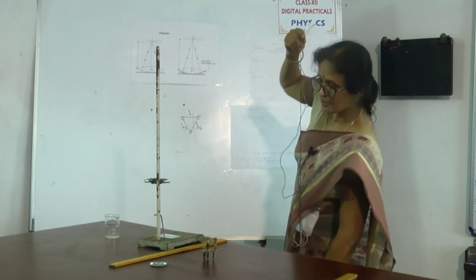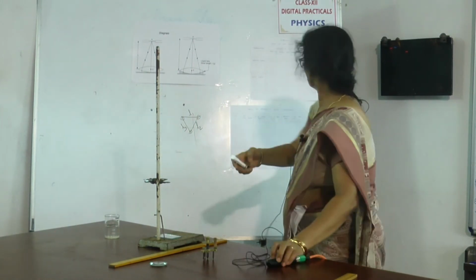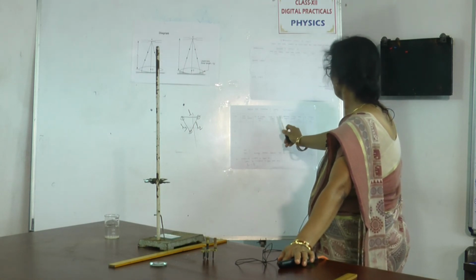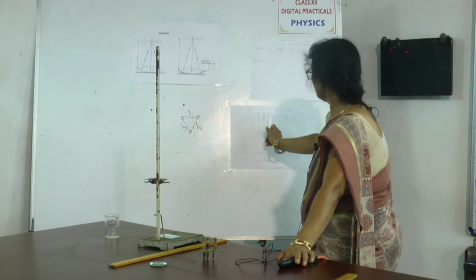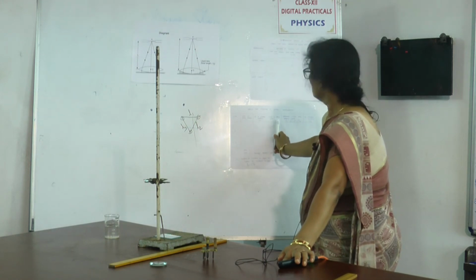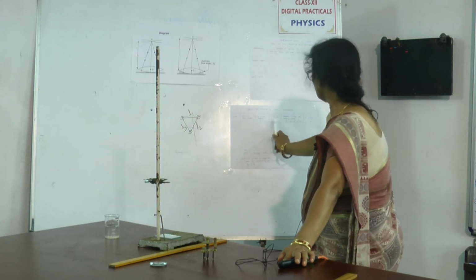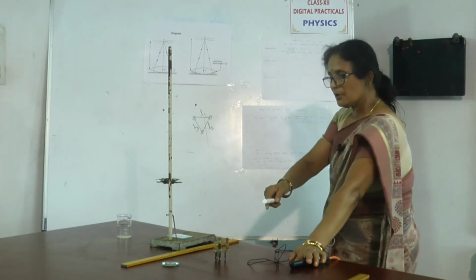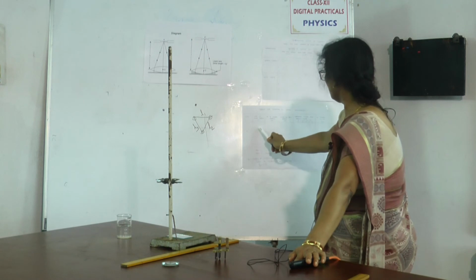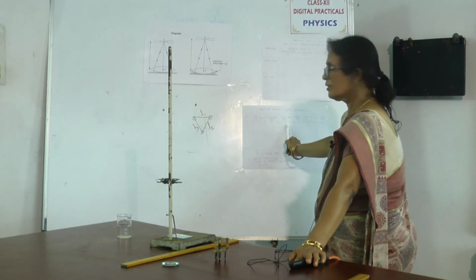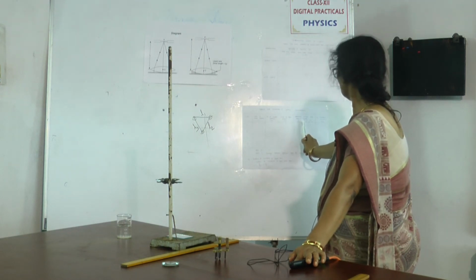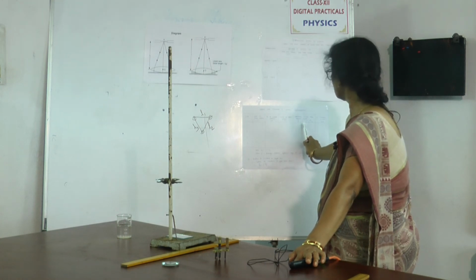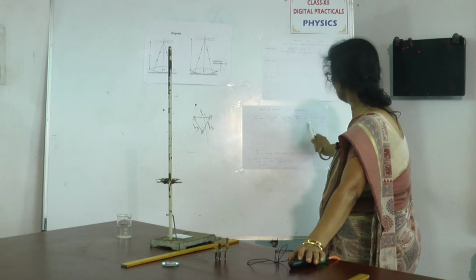To find those extra divisions, use the formula: I minus F if I is greater than F, or 100 plus I minus F if I is less than F. In our case, I is less than F. So the extra divisions are equal to 100 plus I minus F. Find the difference.